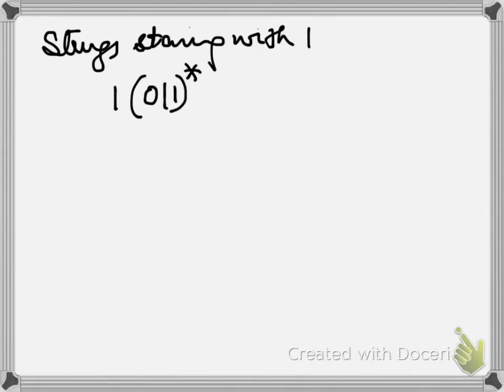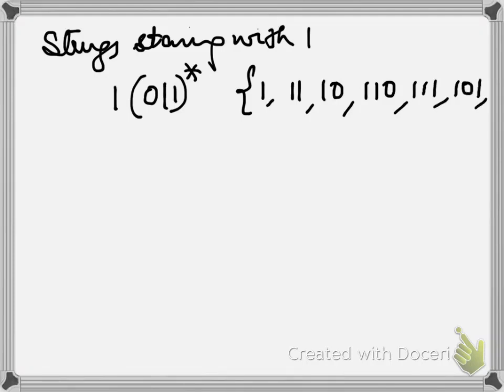This would give me the set 1, 1 1, 1 0, 1 1 0, 1 1 1 and so on. It can go on like this. So this is starting with 1.